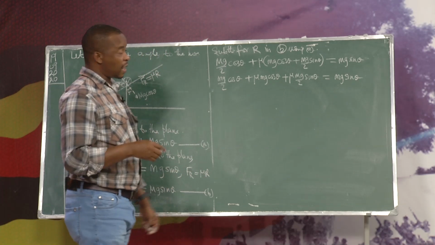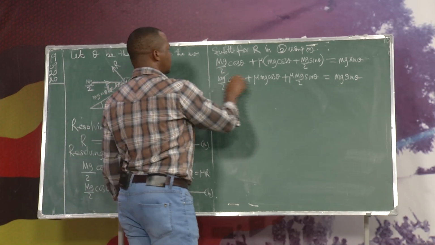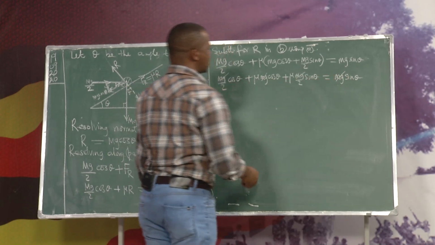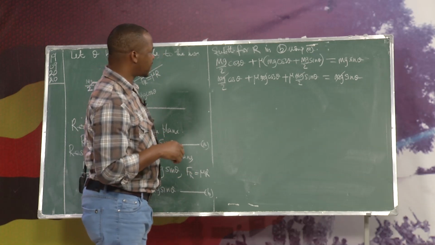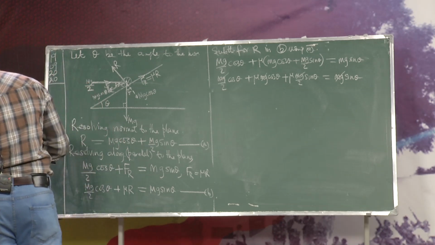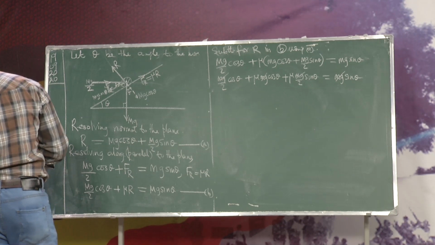As you notice, each term here has mg, so the mg will cancel out. I am going to eliminate it and collect like terms at the same time.